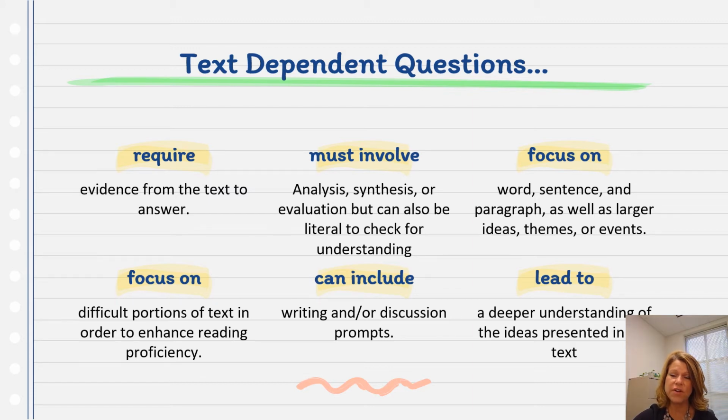Your text-dependent questions should focus on words, sentence, or paragraph structure, as well as larger ideas, themes, or events. We need to keep our focus on those ideas that are more challenging in the text. They can include writing or discussion questions, and they should lead to a deeper understanding of the central idea of the text.